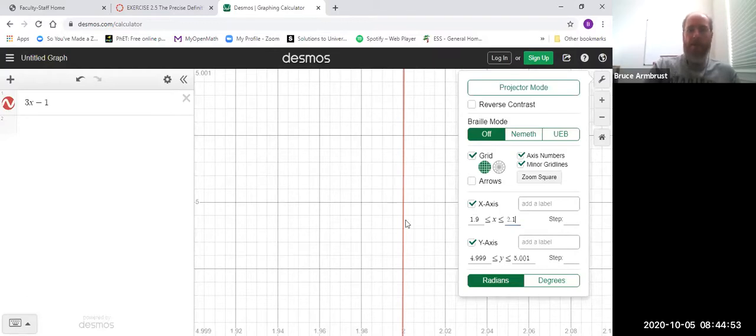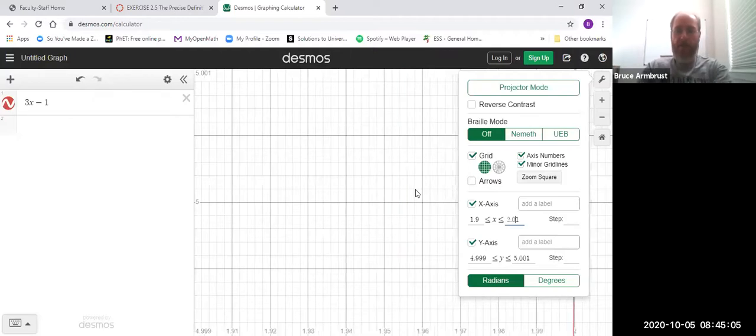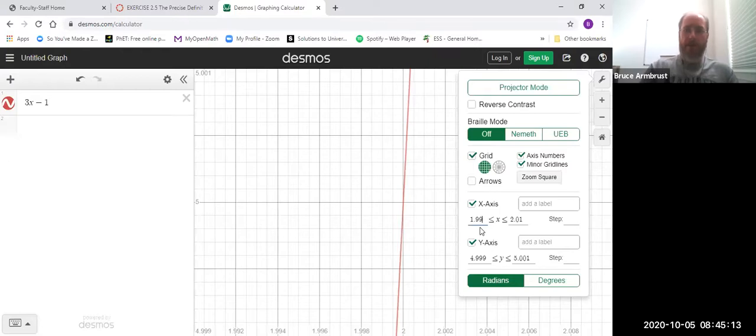Okay, so you notice that our graph looks like it's pretty much straight up and down. And that's not actually what this graph is, right? This is not a vertical line, but that's because of our scale. So let me change these to 1.99 and 2.01. And you're starting to see it slant, right? Well, I'm going to keep zooming in because right now the function in this interval does not all lie within this strip. This function runs outside of the strip, right?